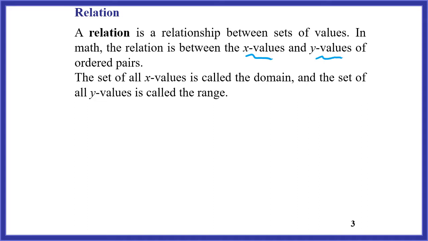The set of all x values is called domain. The set of y values is called range. So there will be two values. The one we represent as x, the other one will be y. So the relation is the relationship between these two values. So what are these y and x talking about? What are their relation?